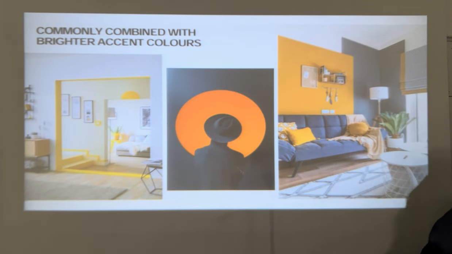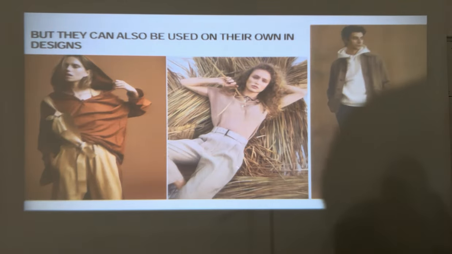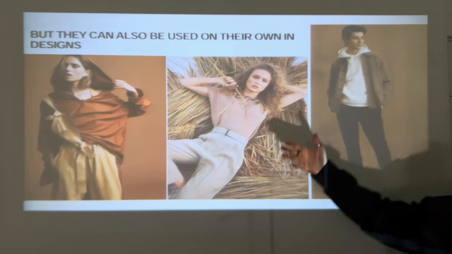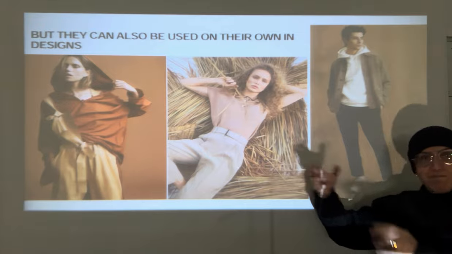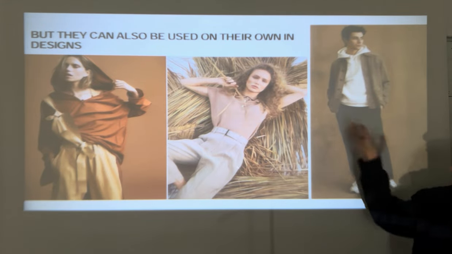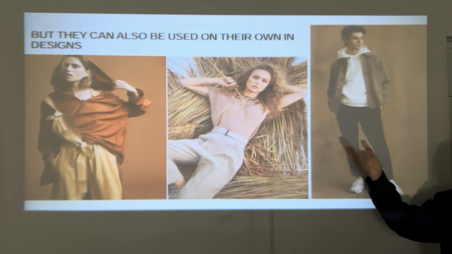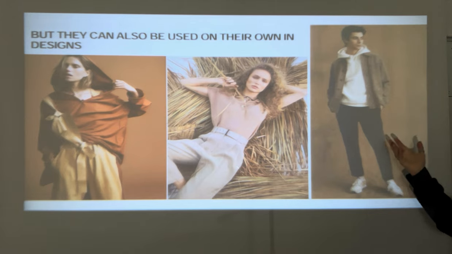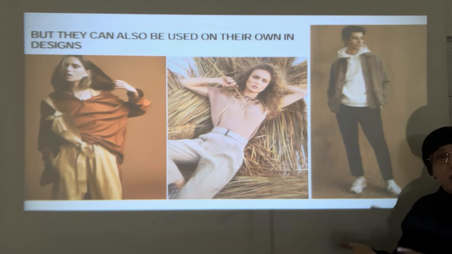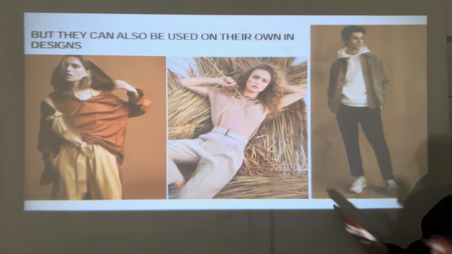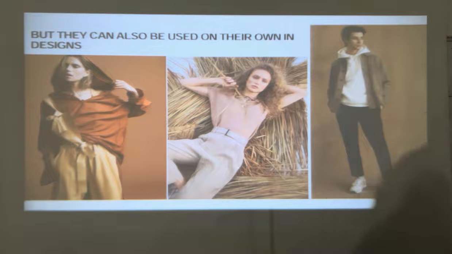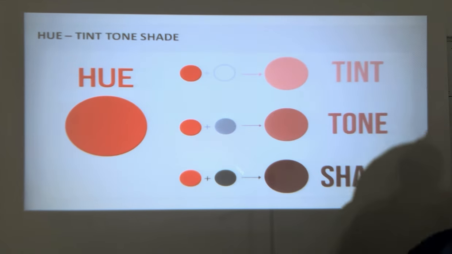Always the neutrals. Of course, neutrals can be used on their own without any bright color. For example, this is for fashion design, for clothes, but it can also be used for graphic, for interior, for any aspect, the same rules, okay? So you can use neutral colors on their own.